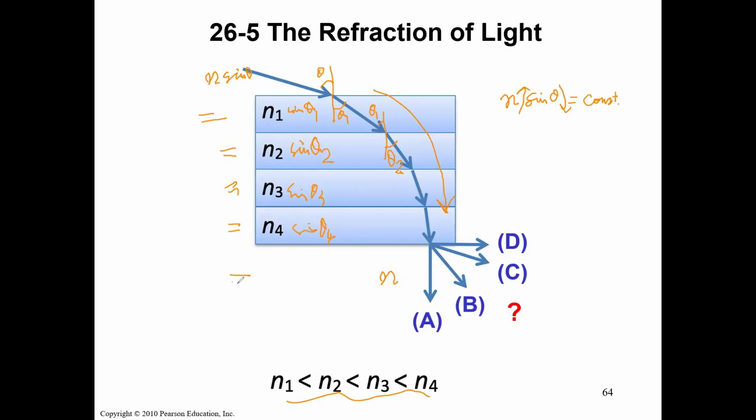We know that n sine theta is a constant, so when it enters the medium n, it will recover the original theta. So that will be choice C, so this line and this line are parallel. This is from Snell's law that n sine theta is constant regardless of how many media you're talking about.